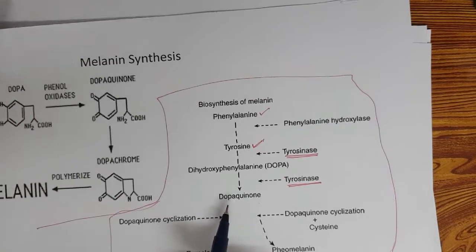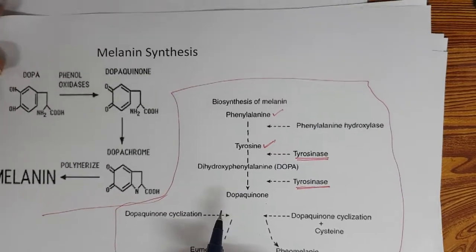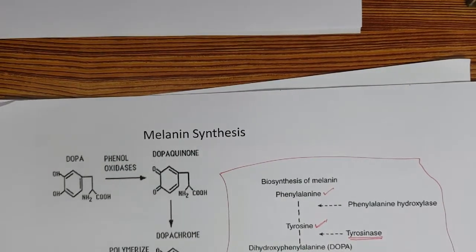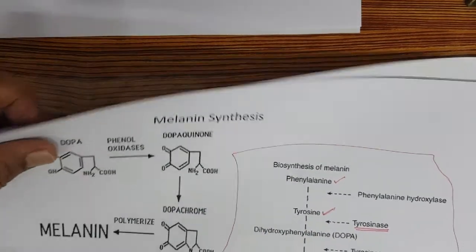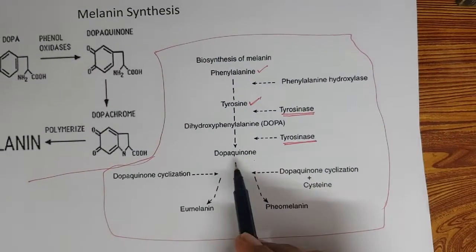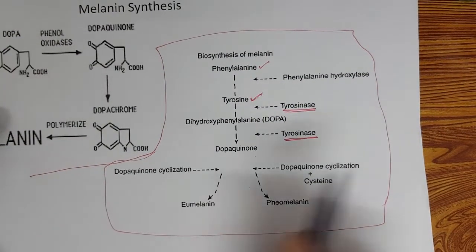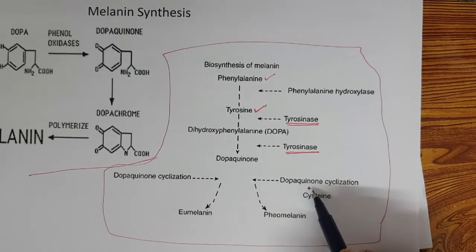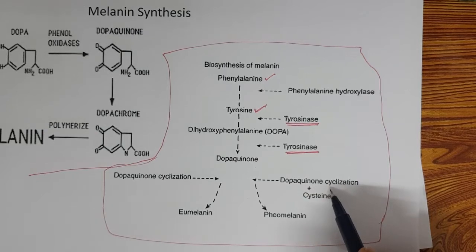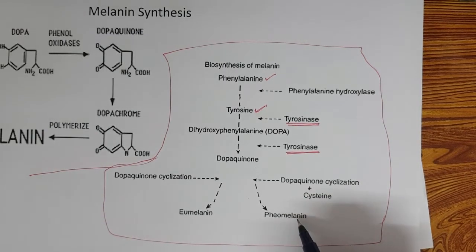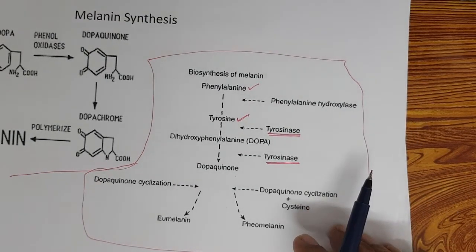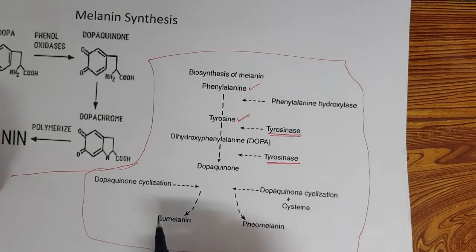Dopaquinone cyclizes and polymerizes to eumelanin, and dopaquinone combines with cysteine and forms pheomelanin. So there are 2 types of melanin in melanosomes. What are the types of melanin?